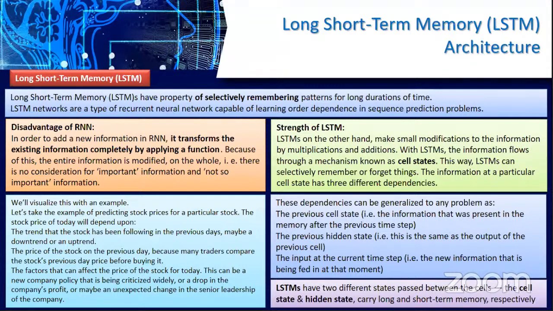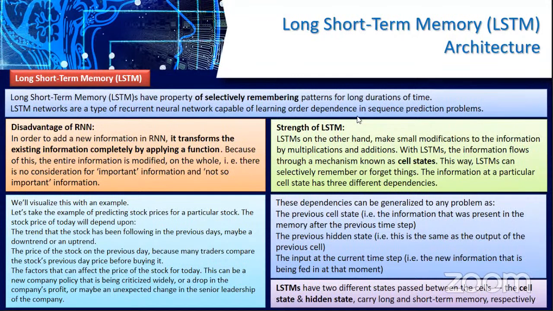There RNN is good. But let's take the case where the sentence S2 is partially related to S1. That means you can try to relate S2 with S1 and say there is some sort of associativity between S2 and S1. There you cannot go for RNN, because RNN will modify the entire information and consider it as new information.